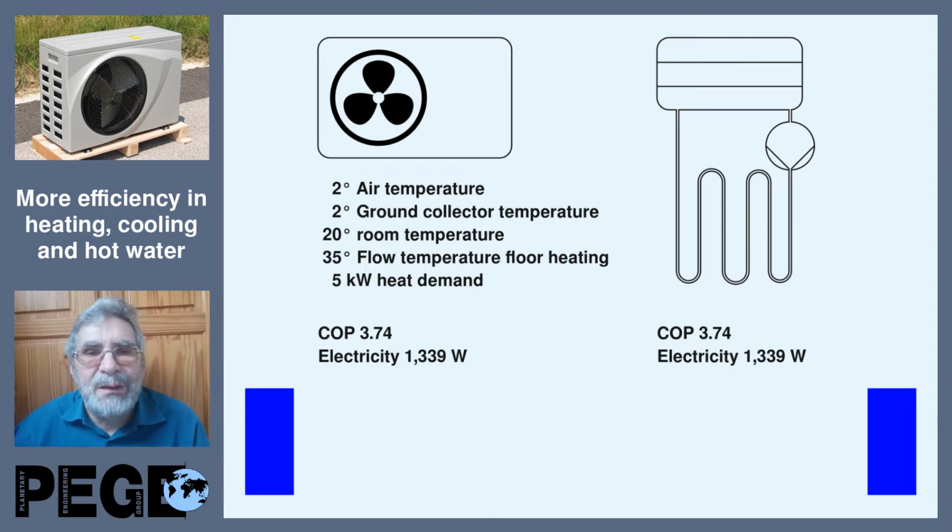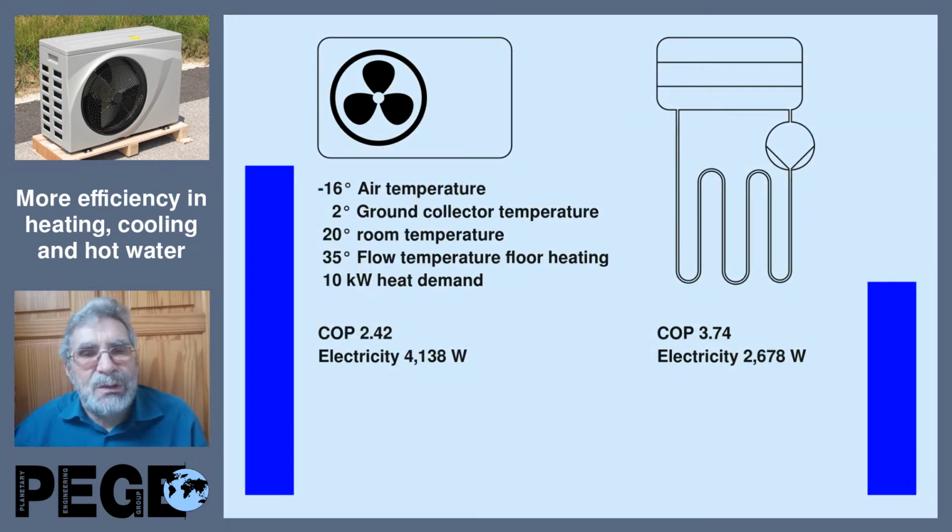We want 20 degrees Celsius room temperature and the floor heating has 35 degrees Celsius flow temperature and the heat demand of the house is 5 kilowatt. At this, both heat pumps have the same COP, 3.74, and naturally use the same amount of power, 1339 watts.